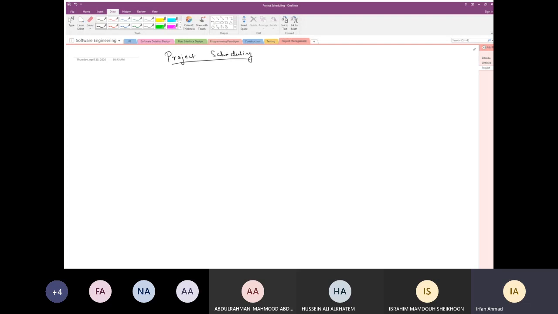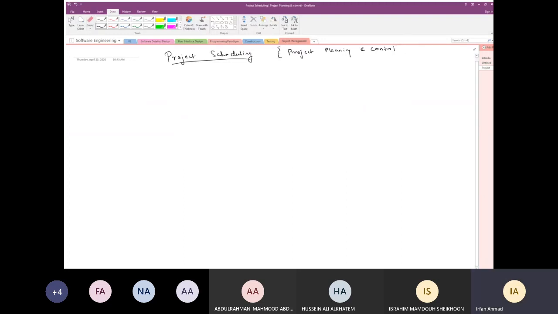We say project scheduling is one of the most time-consuming activities of project management, and this goes under the bigger title of project planning and control, right? This is very important to keep in mind.